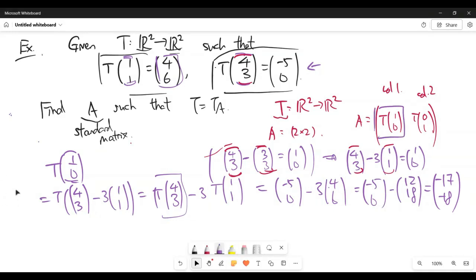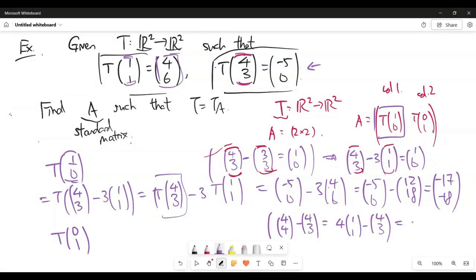And similarly, how to get it done for the second one, which is T of 0, 1. You have to think a little bit, and honestly such a thing has no shortcuts. So maybe one way is we can think of it as 4 4 minus 4 3, which is the same as 4 times 1 1 minus 4 3. This is the same as the vector we want, which is 0 1.